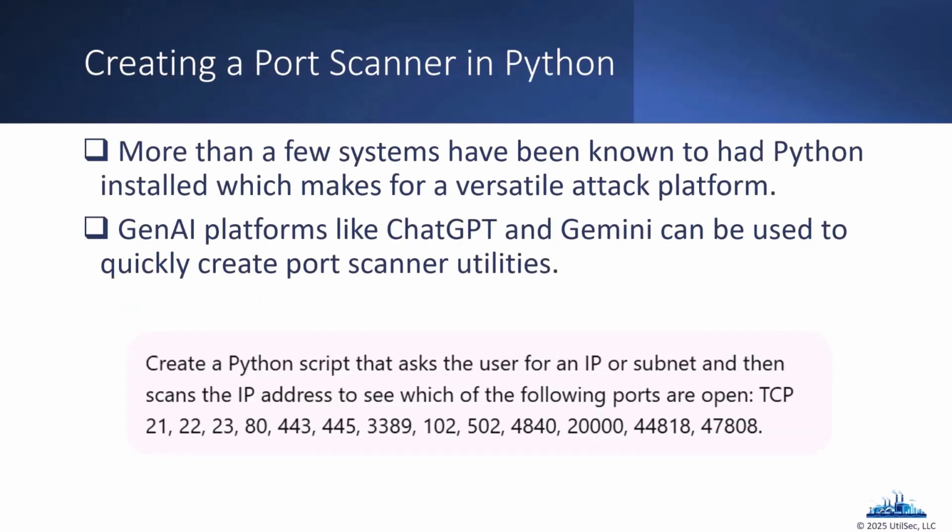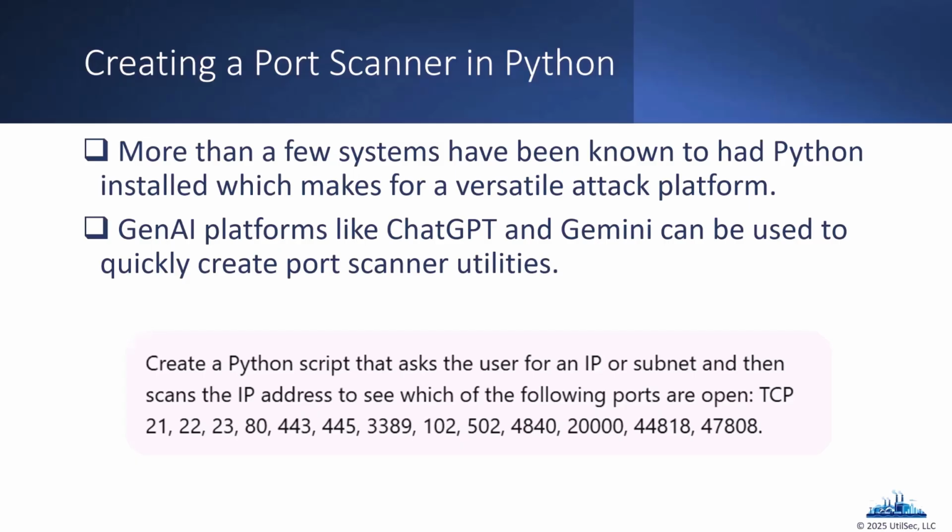So I do like to create, and you hear me talk about this a lot, tools using tools like ChatGPT and Gemini. And you can see here we can create a really simple port scanner. It's going to look for a handful of what we usually consider IT ports, like you can see 21 for FTP, 22 for SSH, 23 for Telnet, 80, 443 for web interfaces, which we can also see in OT networks, and a few others.